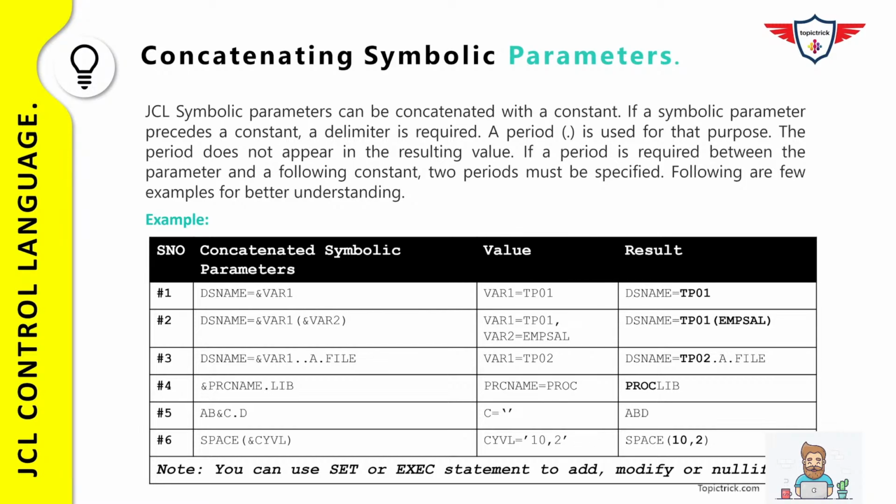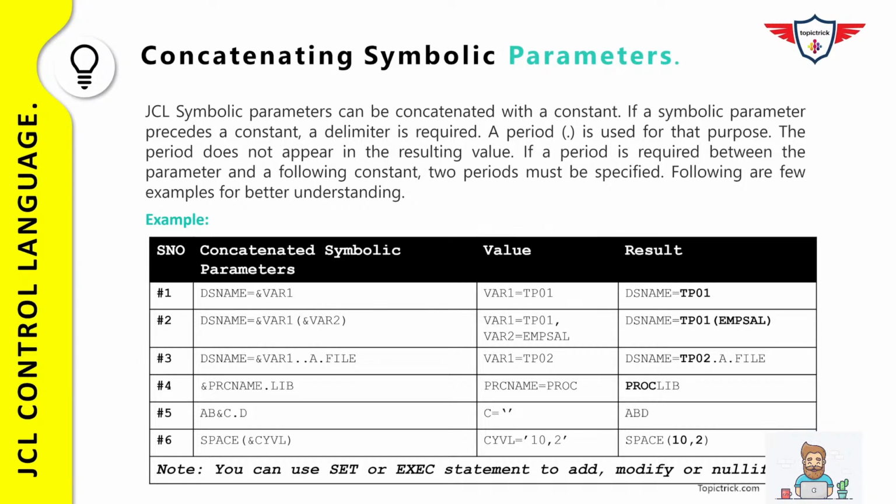In the first example, you have DSN followed by an equal sign, and after that a symbolic parameter, &VAR1. The value that I've assigned to this is TP01, so the output is TP01. So DSN followed by an equal sign will have TP01 once it is translated when you run your JCL.